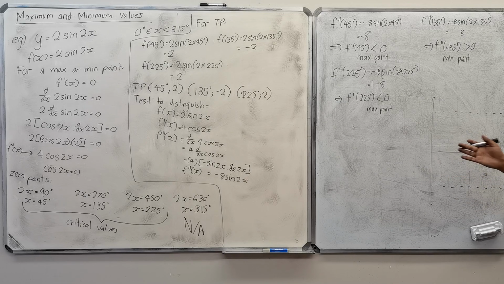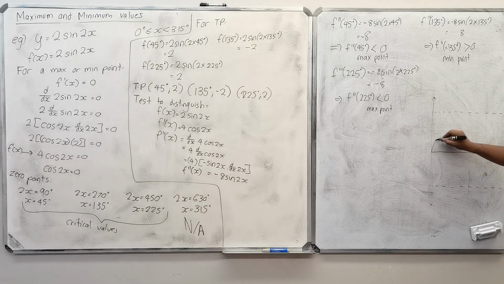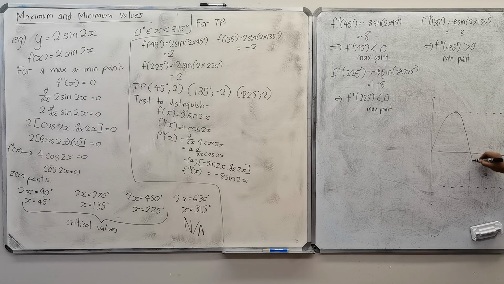Your period would have got cut, so it would have been 360 over 2, which is 180. That's going to affect your x-axis. But just for argument's sake, I'm just going to draw it roughly. Sine graph looks like what? It starts from 0 and it goes here, and it goes here. It would have gone more, right? But regardless, your 0 points would have been 0, 180, and 360.